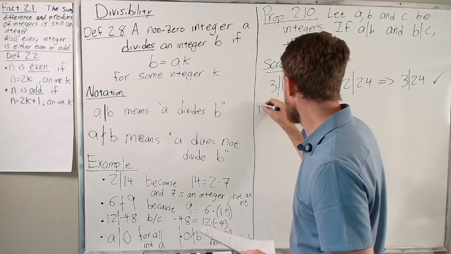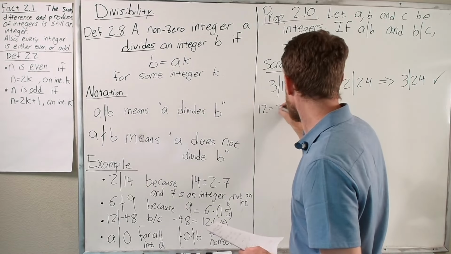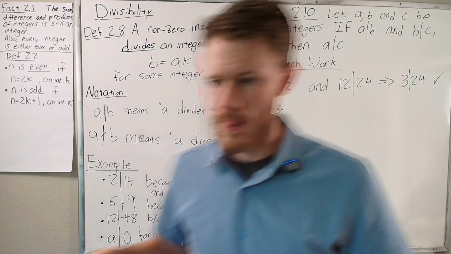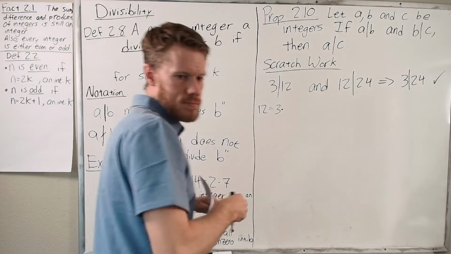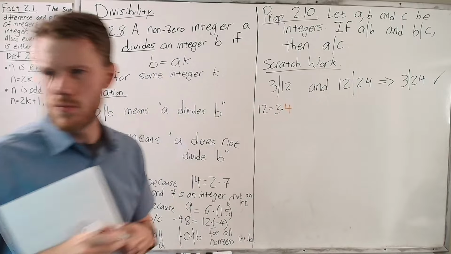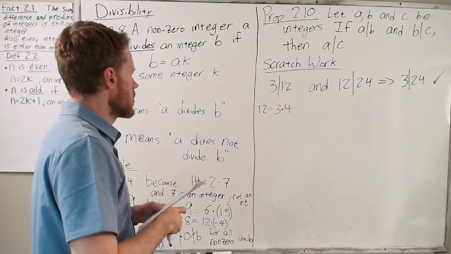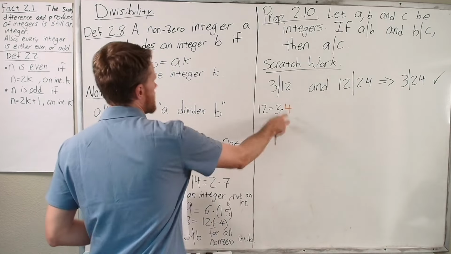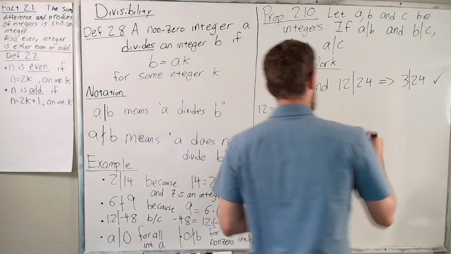It says that 12 equals 3 times some integer. In this case, that integer would be 4. Maybe I'll use a different color here. Is that visible? Yeah. So there you go. 12 equals 3 times 4. The 4 is the k in this case.